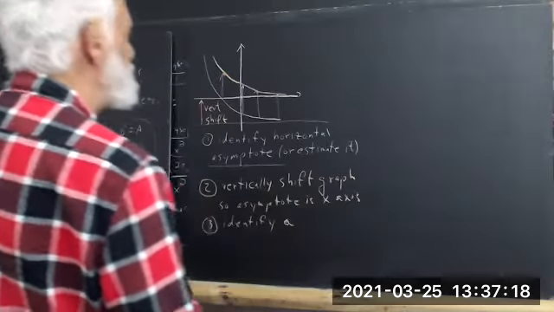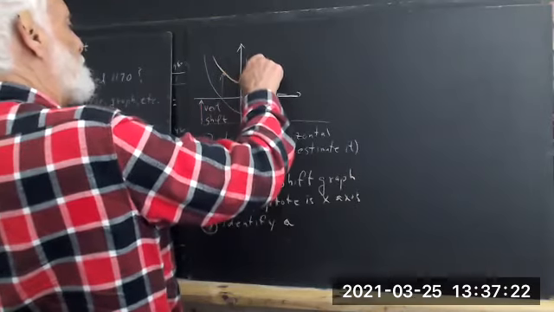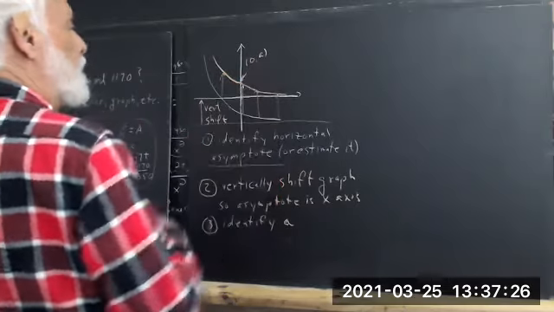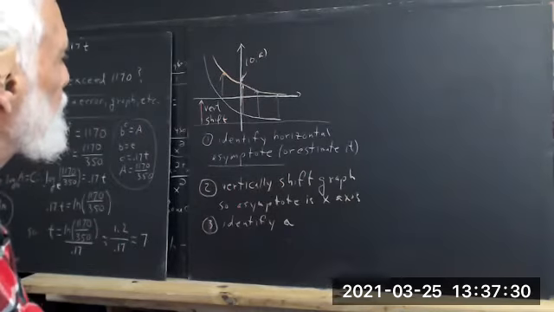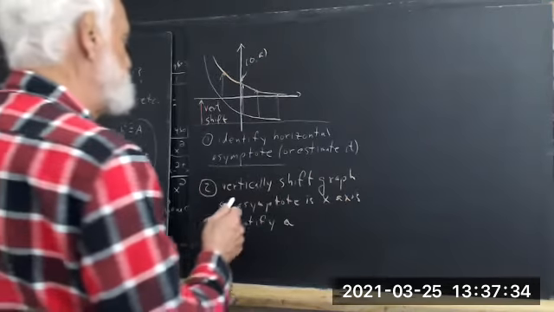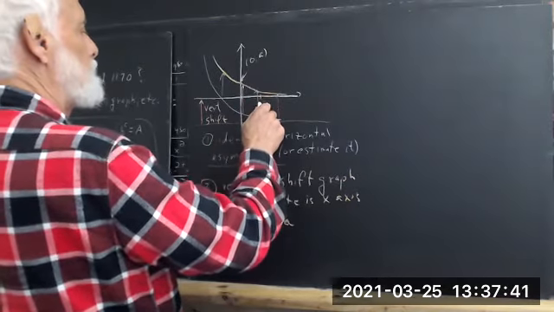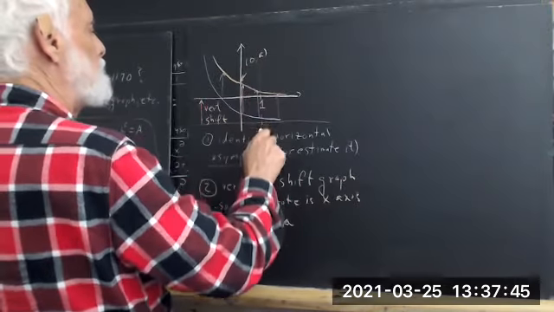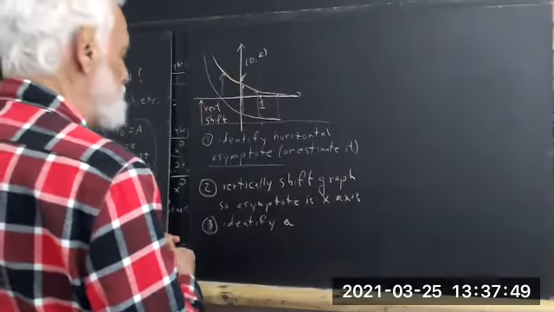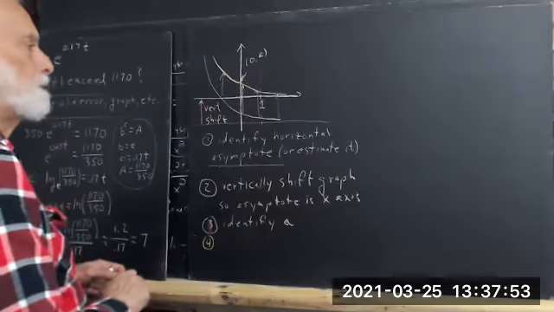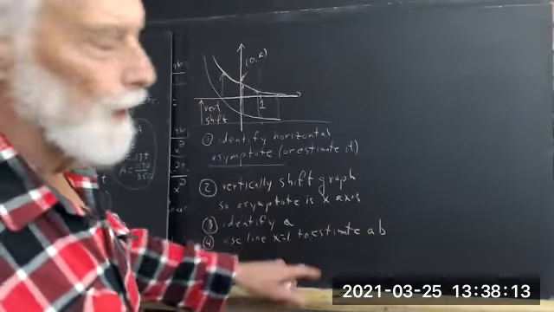Identify a. Well, this becomes the point (0, a). Use the line x equals 1 to estimate ab.